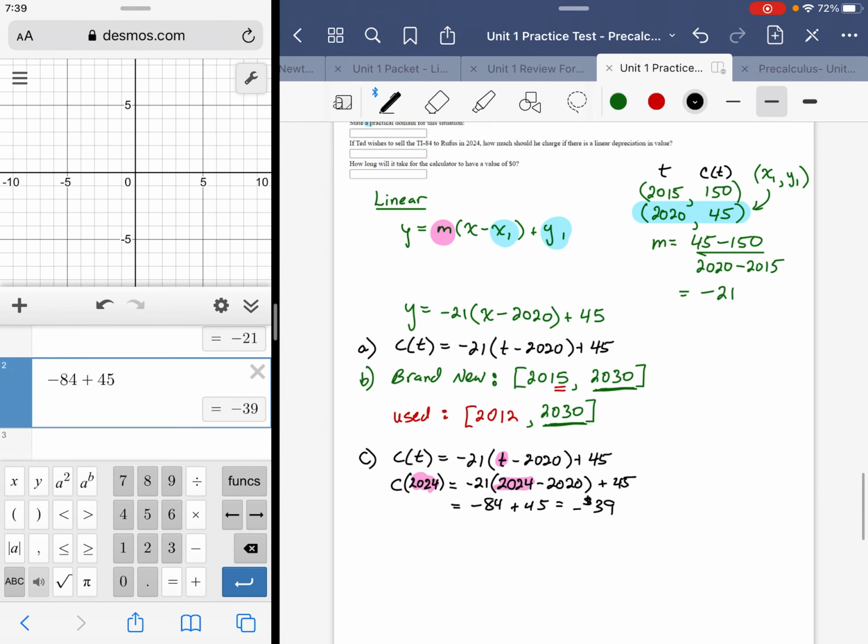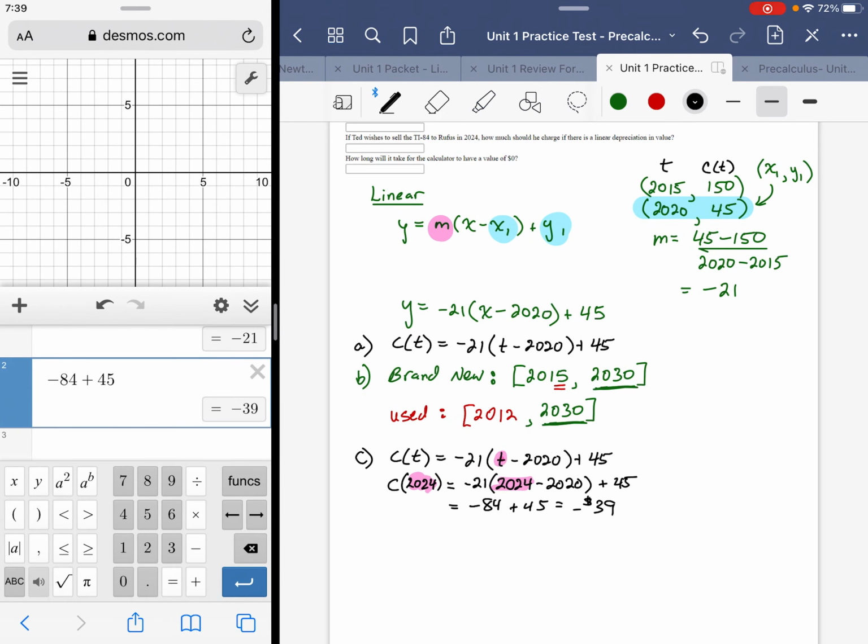So how much should he charge? He should charge negative $39. That's how worthless this thing will be. According to the linear depreciation model, this calculator is declining at a rate of $21 every year, that's what the slope is telling us.